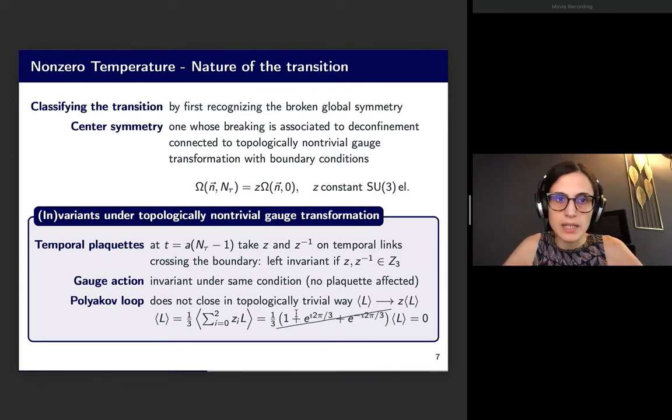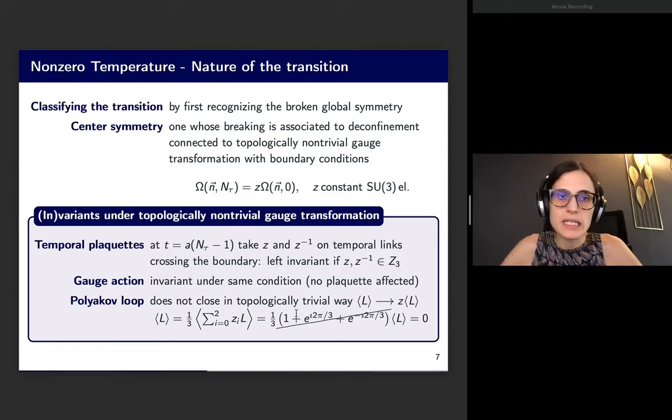And this symmetry in the pure Yang-Mills case is center symmetry. Its breaking is in fact associated to the confinement. And I now need to tell you what center symmetry is and how it happens that this is broken with the temperature in correspondence to the phase transition.